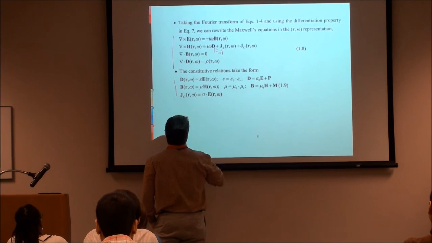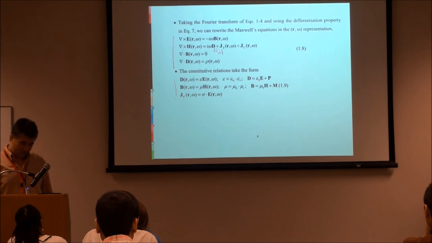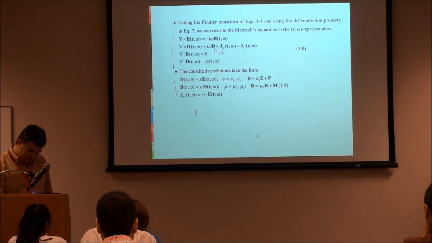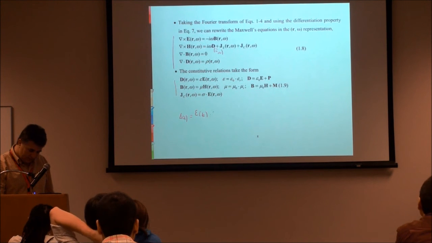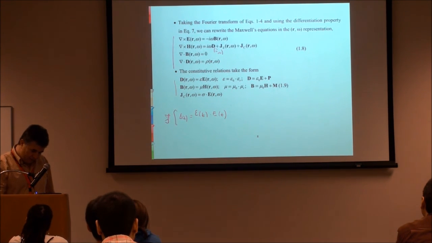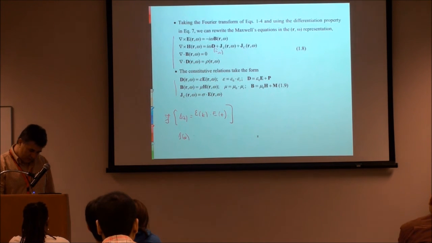Okay? Of course, if this is a function of omega, then you need to be careful. Right? If epsilon is dispersive, if epsilon is a function of time, when you have D of time equals epsilon of time times E of time, when I take the Fourier transform of this, what happens? I have D of omega equals epsilon, I should put tilde.